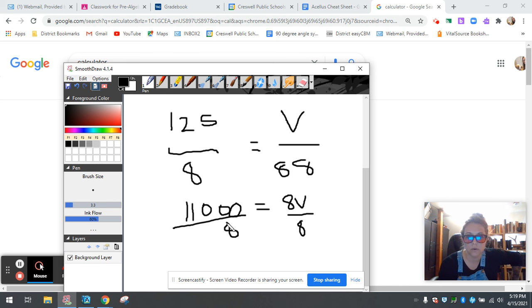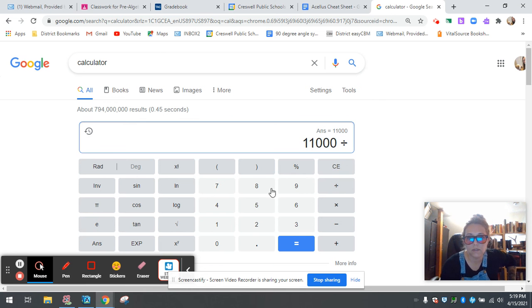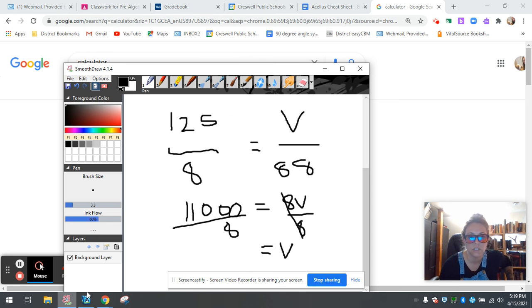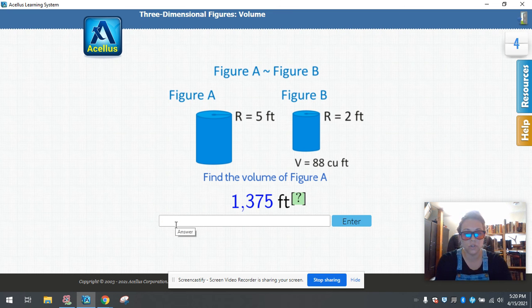On both sides, what I did to one side, do to the other. We cross that out. V equals 11,000 divided by 8. 11,000 divided by 8 equals 1,375. Okay, go to my cells, type in my answer. 1,375 feet cubed.